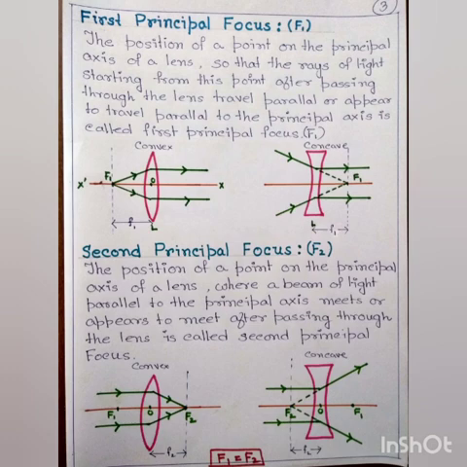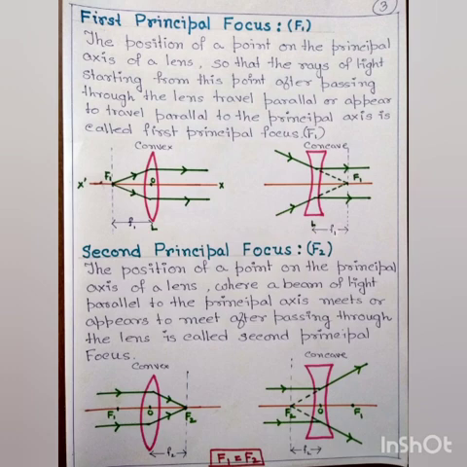Now see, the second focal length of the convex lens is positive as we are measuring along the incident ray, and for the concave lens, the second principal focal length is negative as we are measuring opposite to the incident ray. This sign convention we have to remember for our numerical purposes.